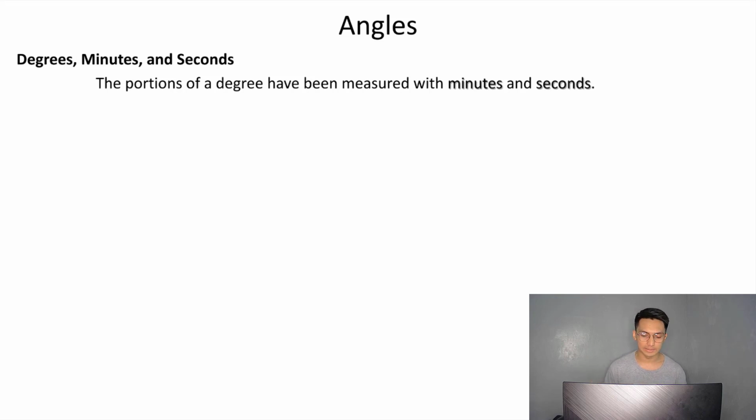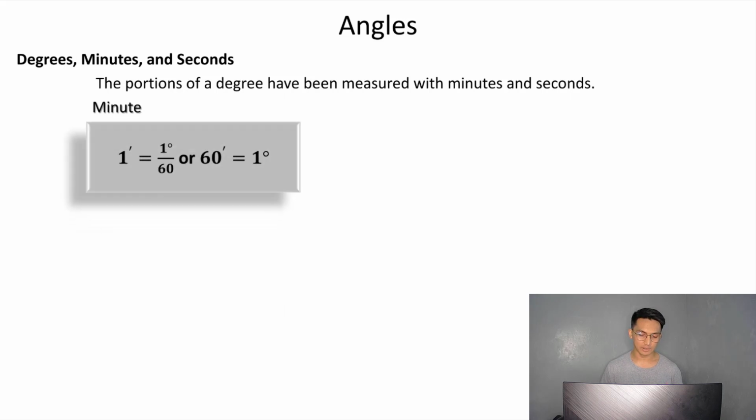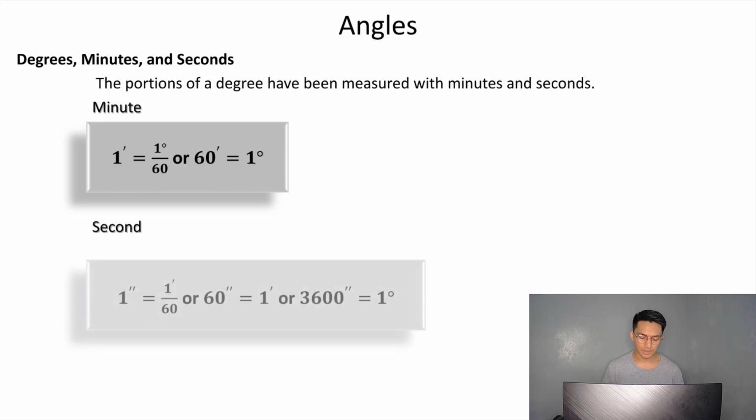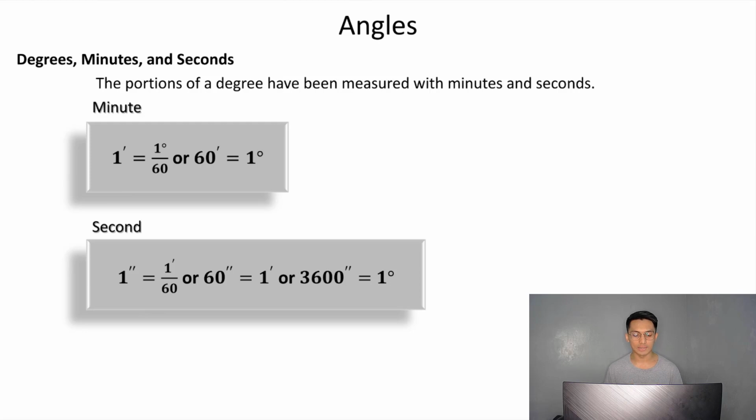So, for minutes, we have 1 minute. Yung minute natin, i-denote natin as an apostrophe, 1 apostrophe. So, 1 minute is equal to 1 degrees over 60 minutes. Or simply, 60 minutes is equal to 1 degree. Next, we have second. So, conversion factors, we have 1 second.